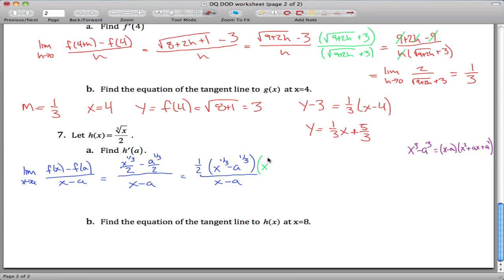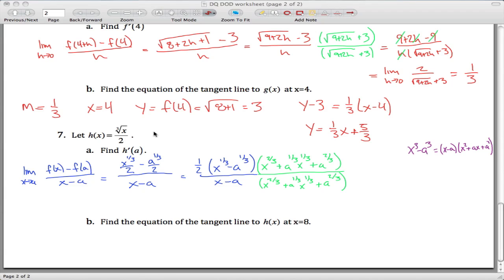So x to the 2/3 plus a to the 1/3, x to the 1/3 plus a to the 2/3. And I need to have that on the bottom as well: x to the 2/3 plus a to the 1/3, x to the 1/3 plus a to the 2/3.